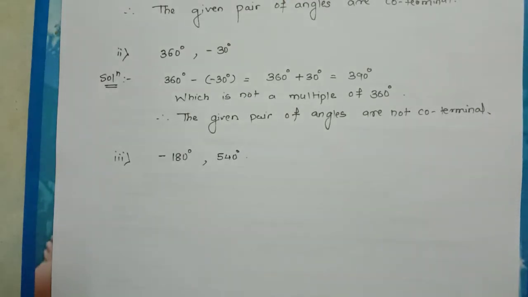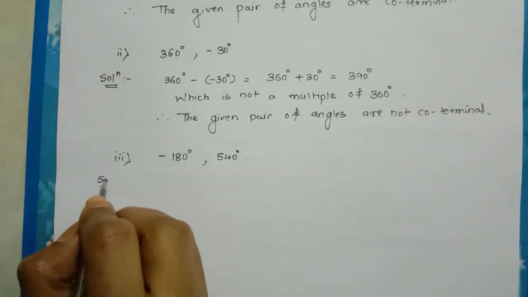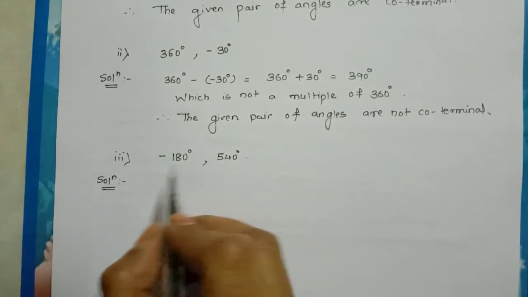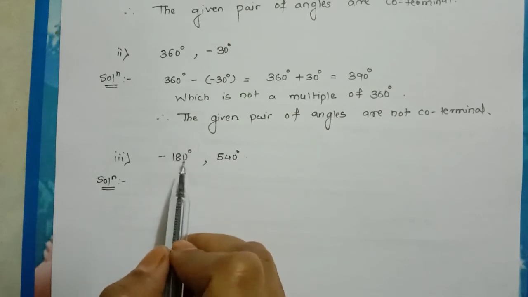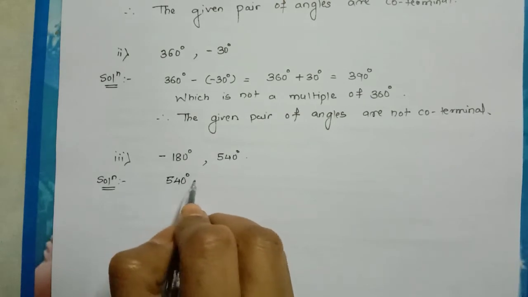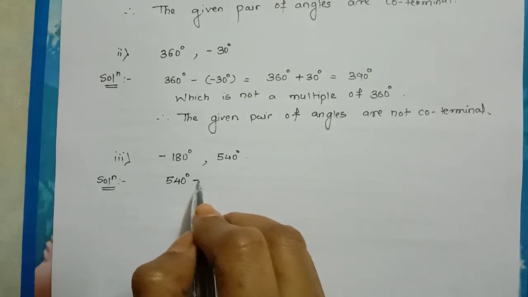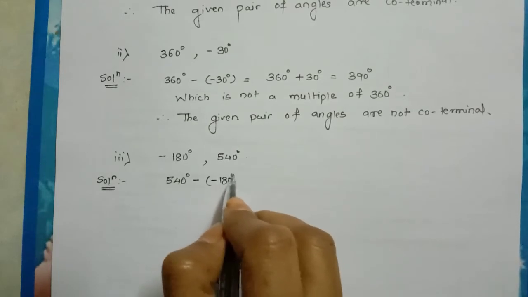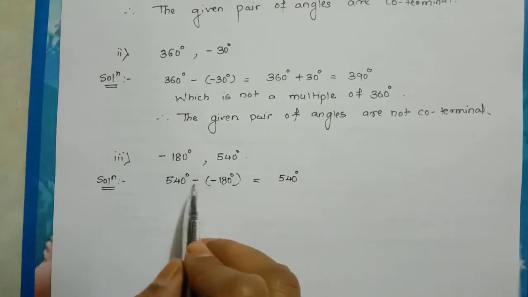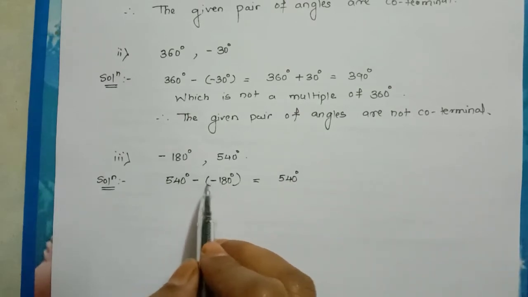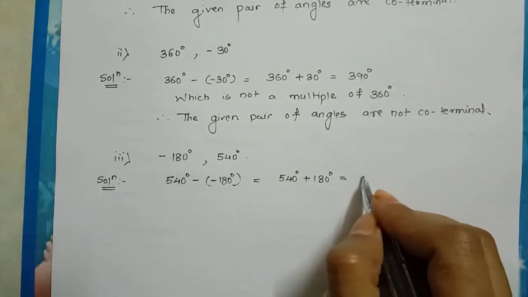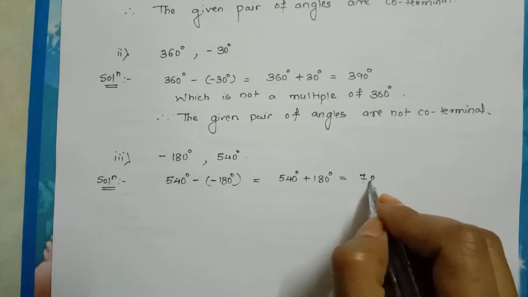The same method will apply here also, that is we have to write the difference of these two. The first angle is -180, the second one is 540. So of course we have to write the greater one first and then the smaller one by putting minus in between these two angles, which is 540 degree minus of -180 degree. When we open this bracket, the sign will get multiplied, so minus minus will be plus 180 degree, which is equal to 720 degree.